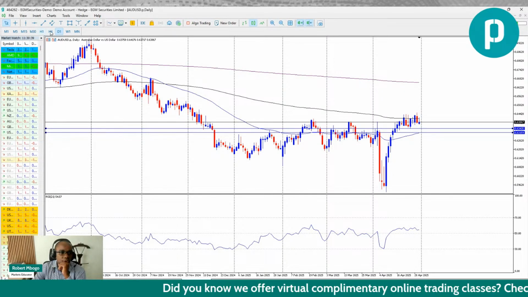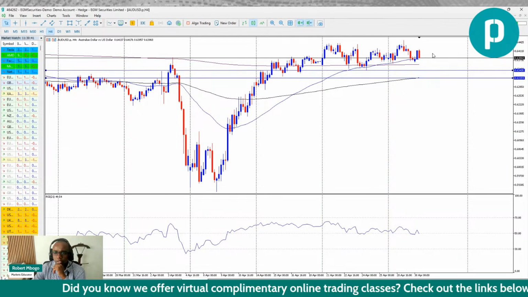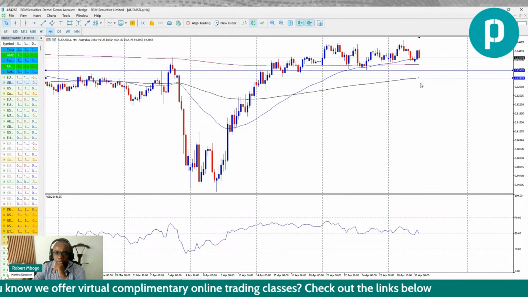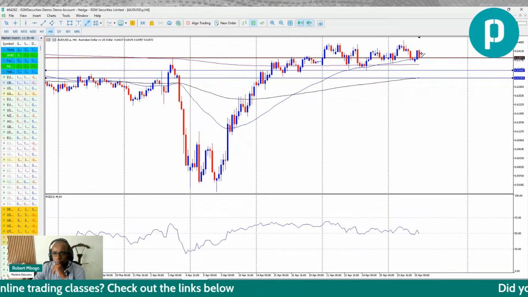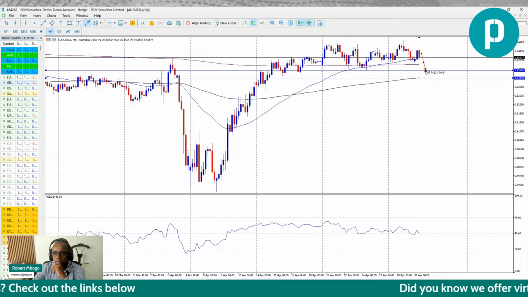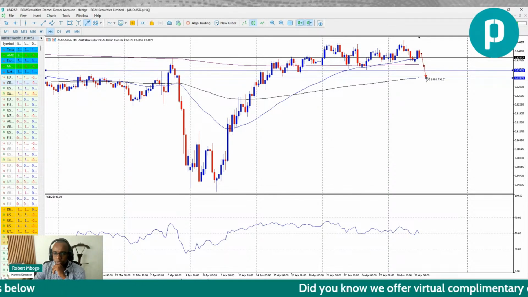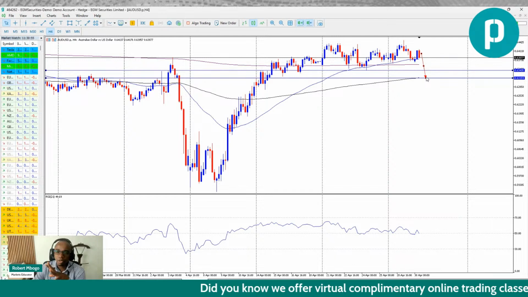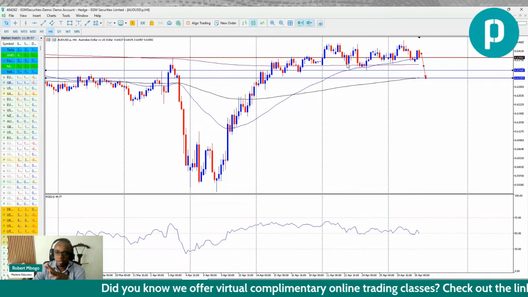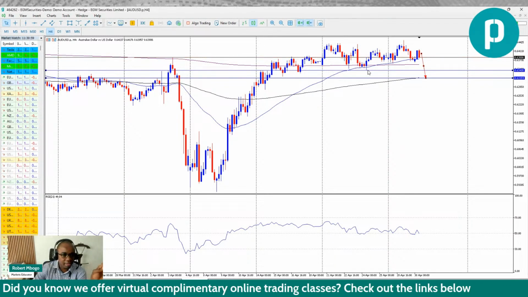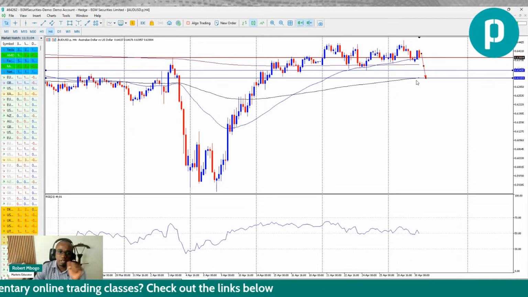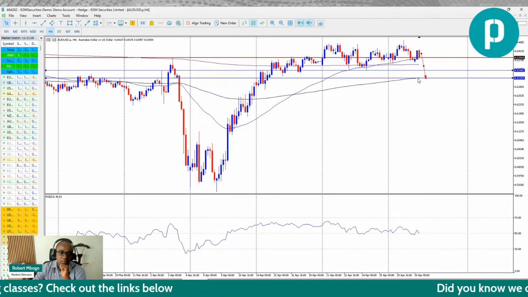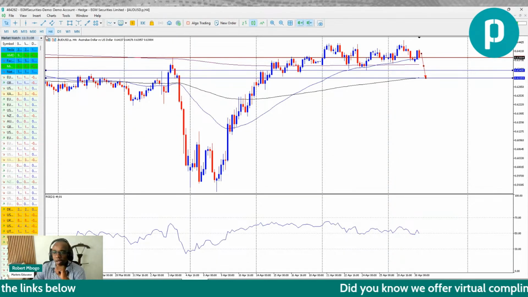So I would want to see this bearish push to maybe this area, or this area. So you have those two possible areas of support, right? First one is last week's low, this one, and then the moving average. Those are some of the areas I would want to see AUD USD get to.